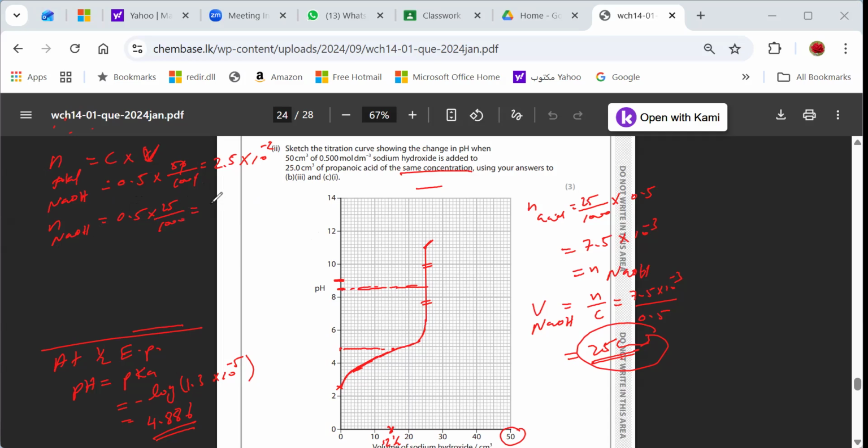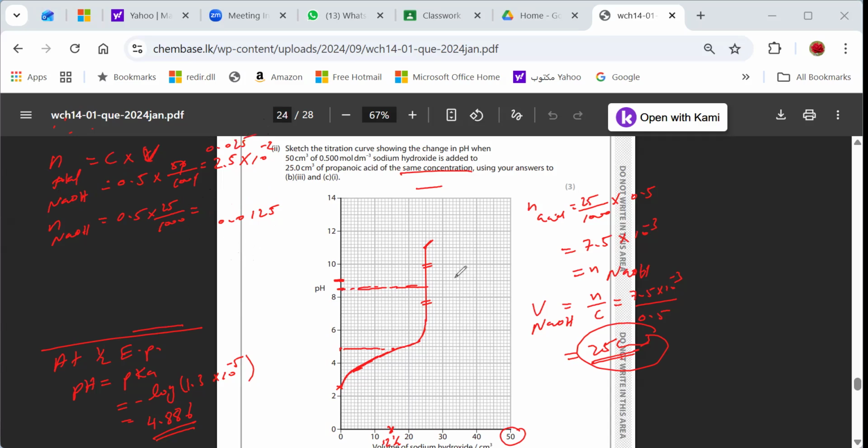We get 5 times 10 to the power minus 3? I think it's 5 times 10 to the power minus 3. 0.0125. And here in the above one, we have 0.025, right? So 0.0125.